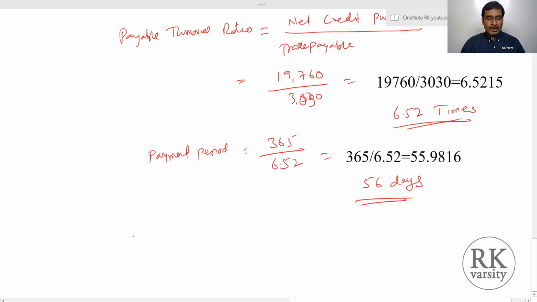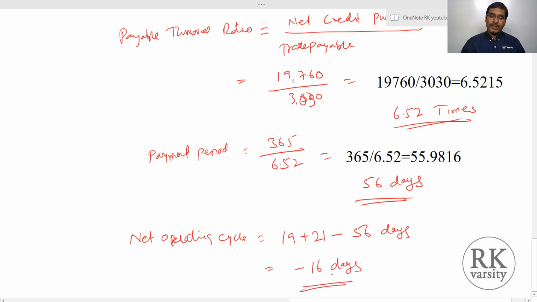Now your net operating cycle equals gross operating cycle, that is 40 days, which is 19 days of inventory plus 21 days of collection period, minus 56 days of payment period. So this gives you minus 16 days. Now you are wondering why this is minus 16 days.